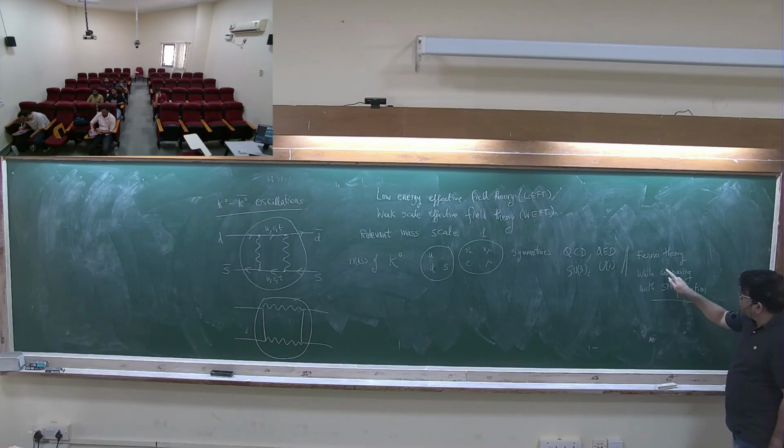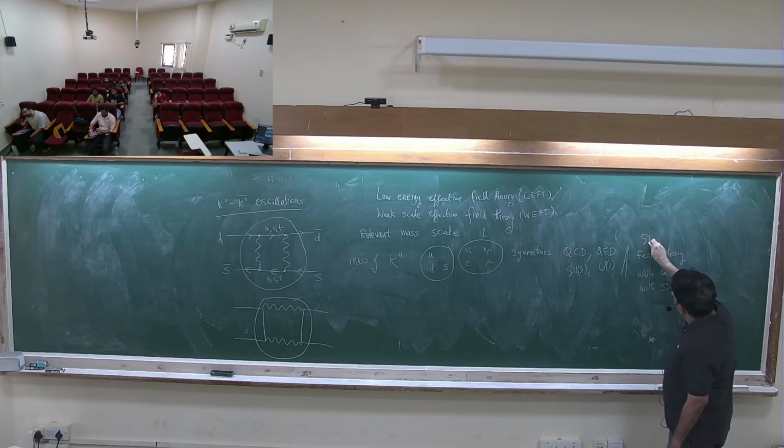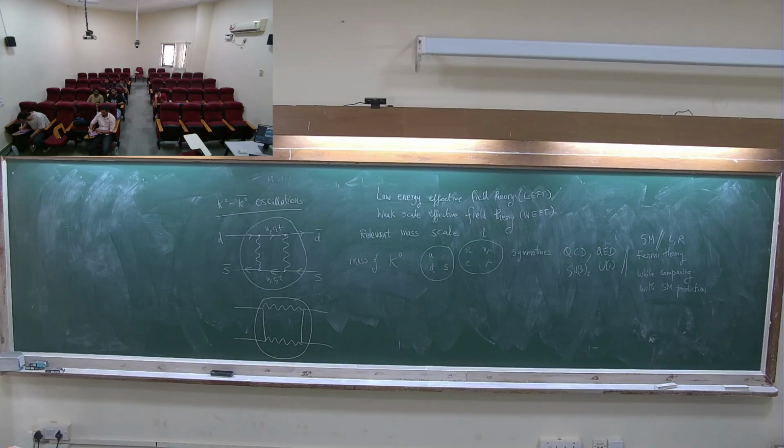Now, when you are mapping with Fermi theory, or really the standard model, you have to worry about left and right of the fermion operators you are writing down, because the standard model Fermi theory matching is only for left operators. Right operators don't have it.